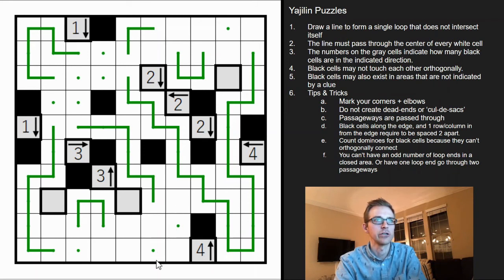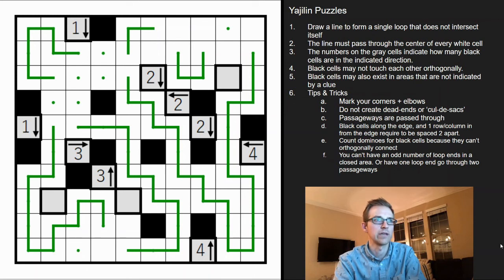Oh, this 2 here. So there's only one cell left for the black. There we go. And then this loops around like this. Now this cannot turn up like that because then we strand this cell. There's no way to get to that one. So what ends up happening is we have to go like this, and that's a black cell. Now there's no clue that that's a black cell, but there's no other way around it.